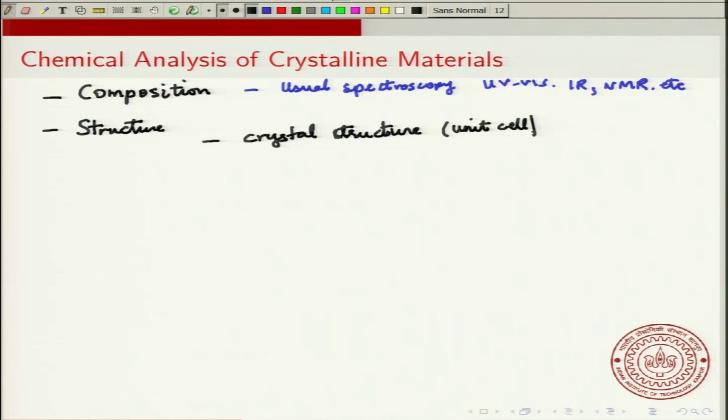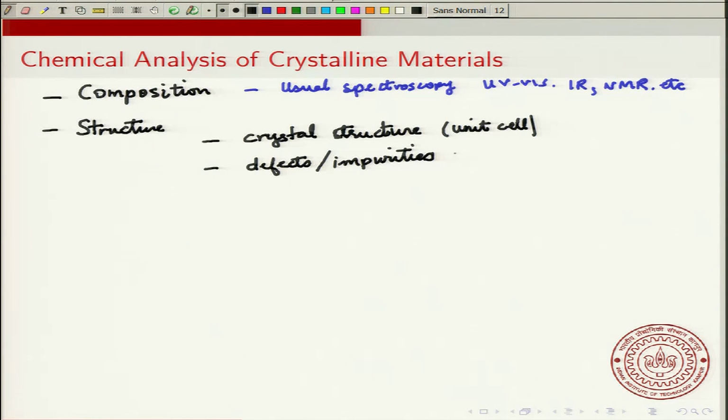Then you need to know whether within the unit cell there are defects, impurities or color centers and so on. As we already saw when discussing defects and impurities, a small amount of certain impurities can give a completely different color to materials.